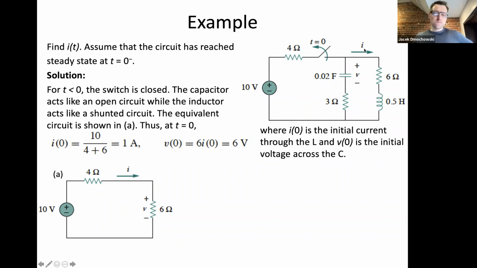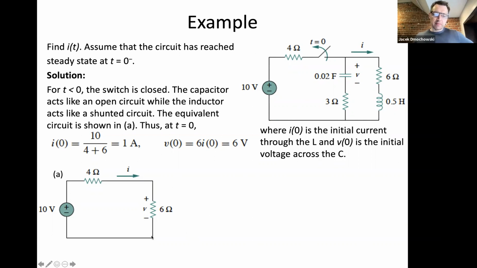Moreover, this I, which models the inductor current, is the I that's flowing through this inductor, which is short circuited, right? And so then in this circuit, it's clear that I is equal to 10 volts divided by 10 ohms.